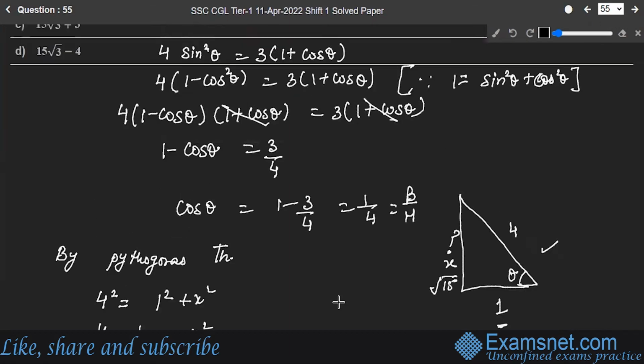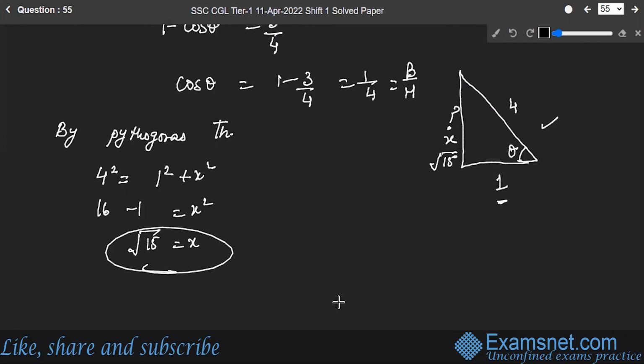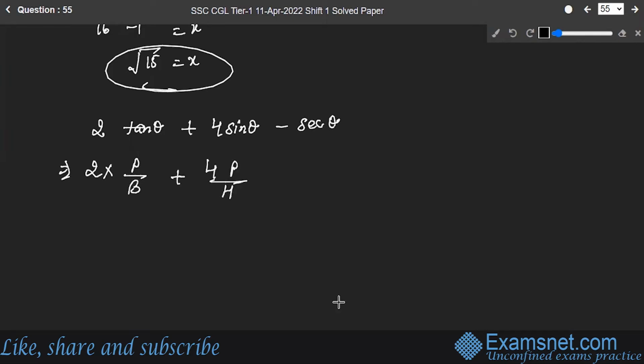Correct? Now let's fill in the values for 2 tan theta plus 4 sine theta minus secant theta. So what will be tan theta? Tan is perpendicular upon base, sine theta is perpendicular upon hypotenuse, and secant theta is 1 upon cos theta. Filling in the values, this will be 2 into perpendicular upon base.